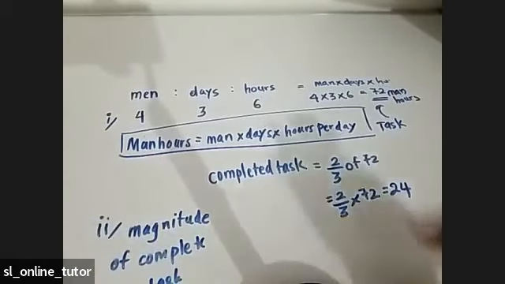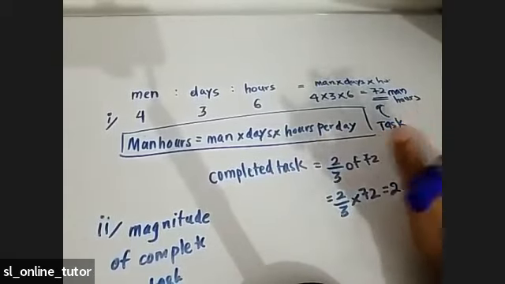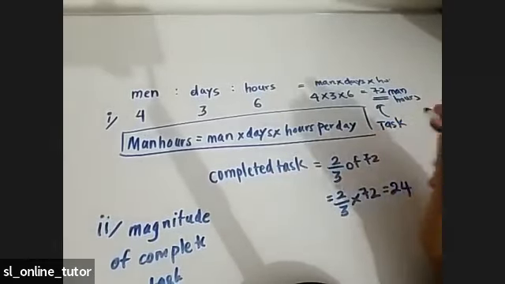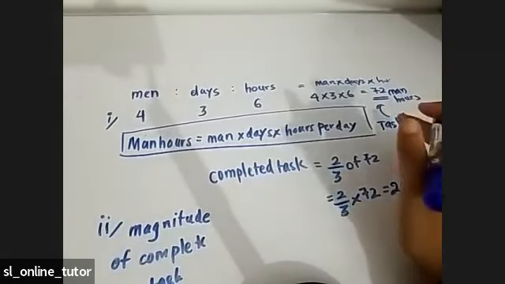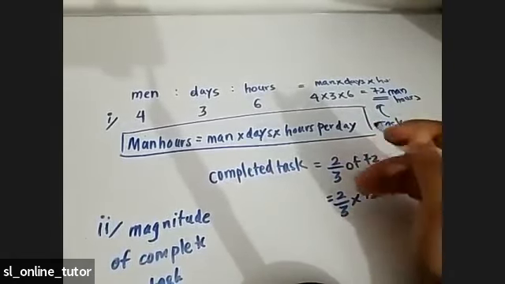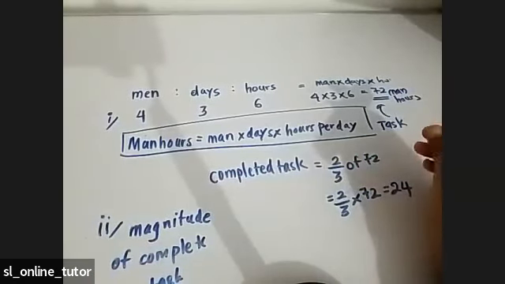Do you understand? 2/3 of the task is 72 man hours. My question is, if you want to finish the whole work, 3 upon 3, the complete work, what is the task? 72 divided by 3 is 24.